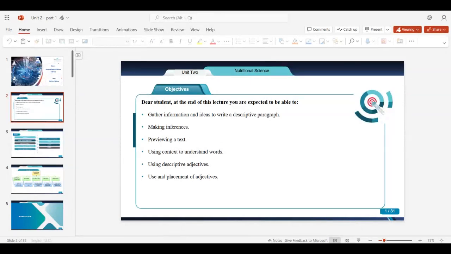It's related to nutritional science. Okay, unit 2. After this unit, we are able to do what?